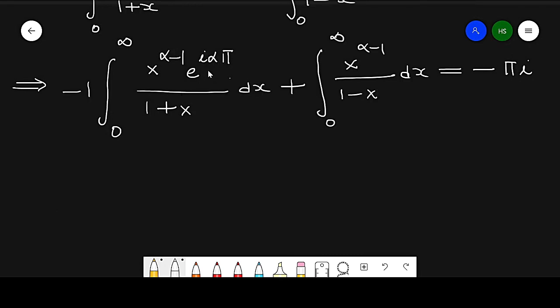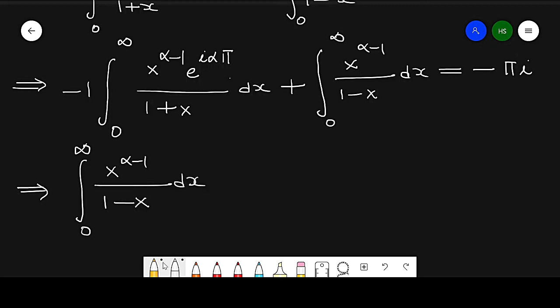This can be written as cos of pi alpha. So this term is the positive integration 0 to infinity x raised to power alpha minus 1 over 1 minus x into dx.